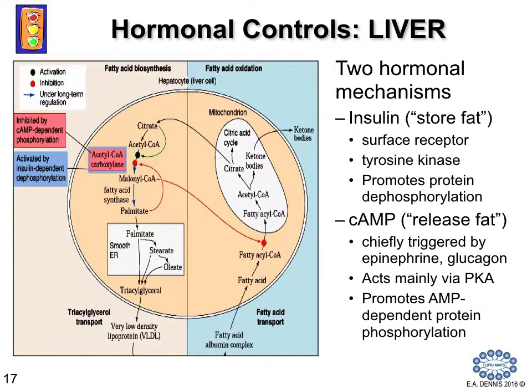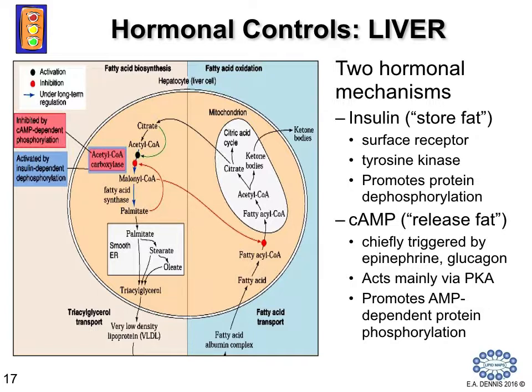At the hormone level, there are two main controls. Insulin, which promotes the storage of fat or lipids, and cyclic AMP, chiefly triggered by epinephrine and glucagon, cause the release of fat or its utilization.